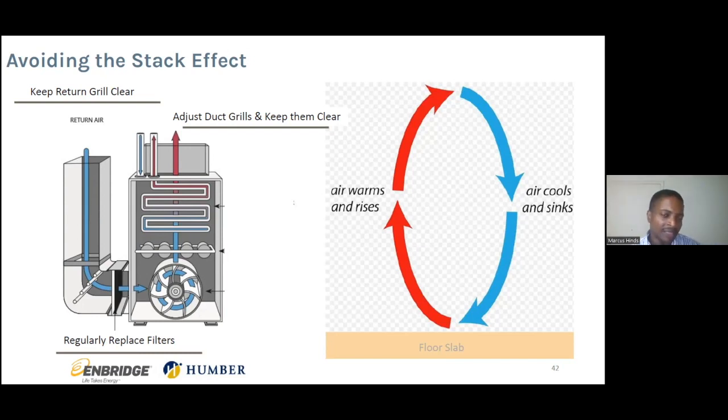Now, another thing to make sure with your entire furnace system, and this goes the entire length of the system, all the way to your duct grills and things like that. The duct grills are those little things that are installed in the floor or installed in the roof or whatever have you, the things that actually blow the air outward, right? Now, those are important. You want to keep those clean, and you want to keep those clear, and you want to keep them free of dust as well, because as that dust builds, it is going to impact the way that air flows, right?